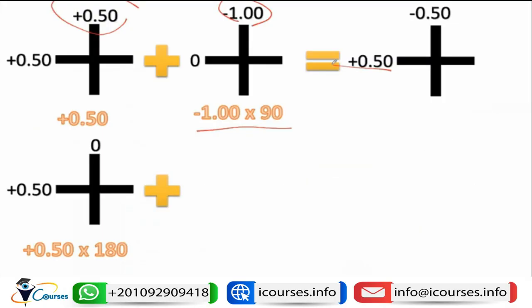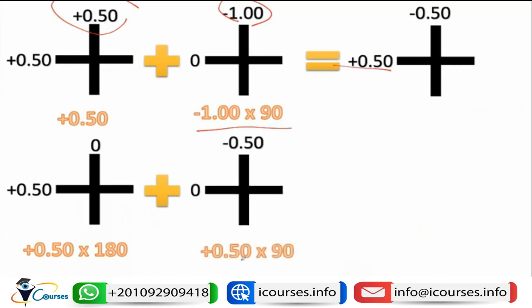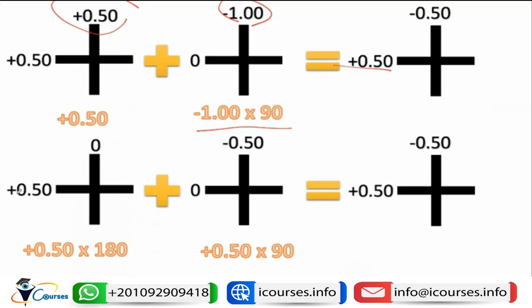Again, if we have a cylindrical lens which has a plus 0.5 cylinder over the axis of 180, and we combine it with a plus 0.5 diopter on axis of 90, then the net result will be the same. It will be 0 plus minus 0.5, then it will be minus 0.5, and plus 0.5 plus 0 will be plus 0.5.